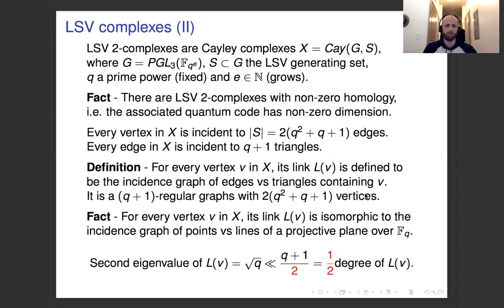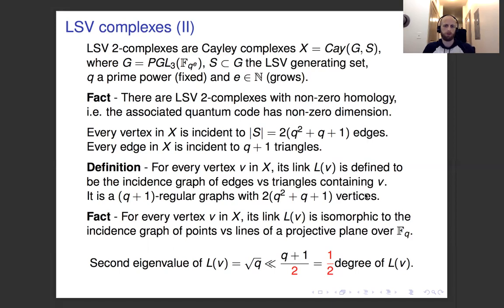While we don't have a complete picture of their global structure, we do understand enough of their local structure, which enables us to get a lot of interesting applications and results in high-dimensional expansion.